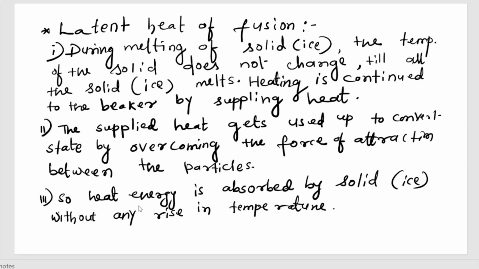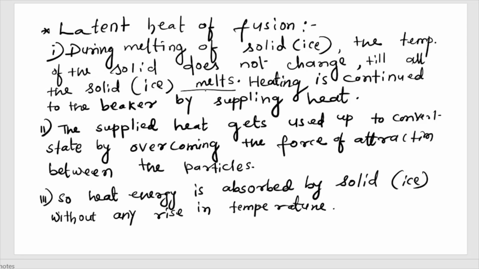Latent heat of fusion. What is meant by latent heat of fusion? During melting of a solid, on heating, the solid changes to liquid. Take ice as an example. The temperature of the solid does not change till all the ice melts. It starts melting on heating, and you will observe that the temperature does not change till all the solid melts. Suppose 1 hour is required to melt 1 kilo of ice.